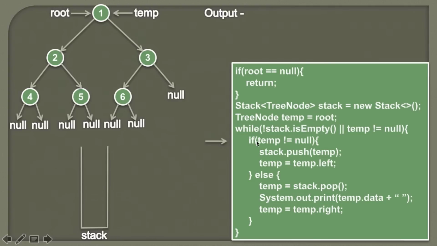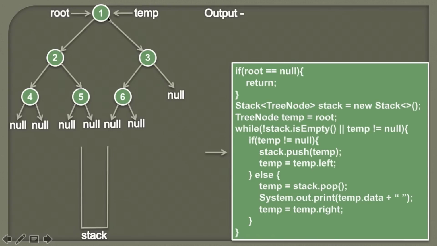In the while loop we encounter an if else block. In the if block we check whether temp is equal to null or not. Currently temp is pointing to the node 1, therefore it's not null. So the condition in the if block comes out to be true. In the if block the first step is we push the temporary node on the stack.